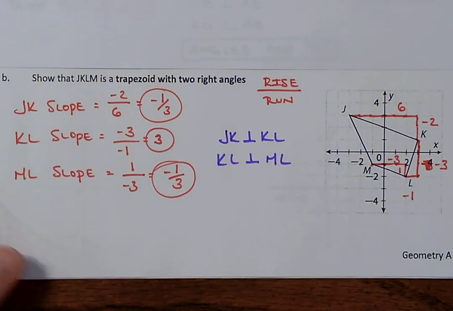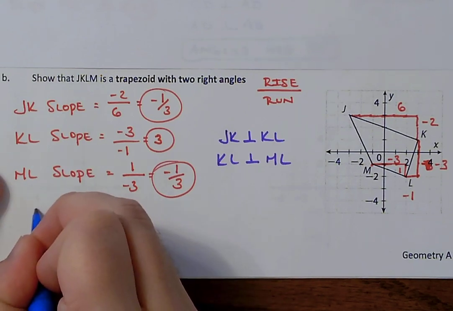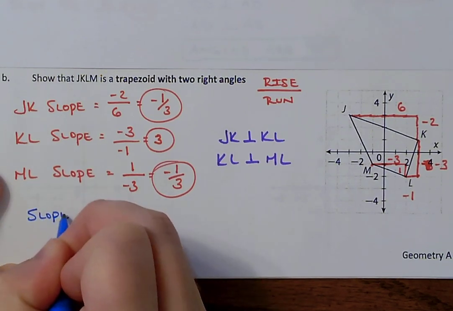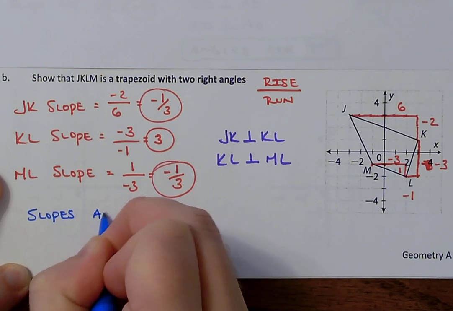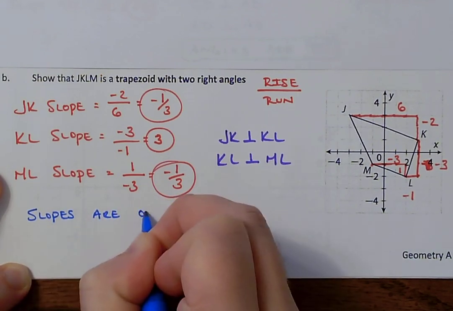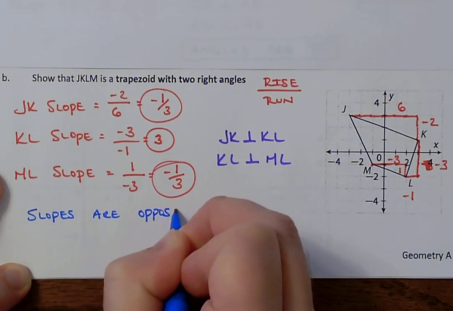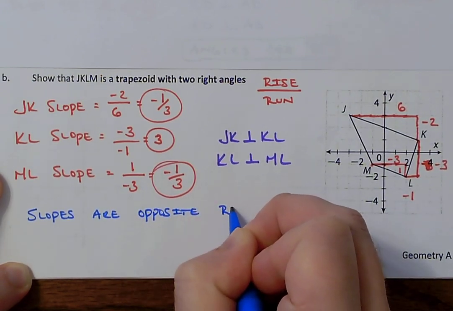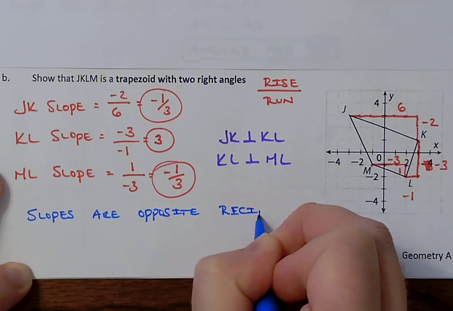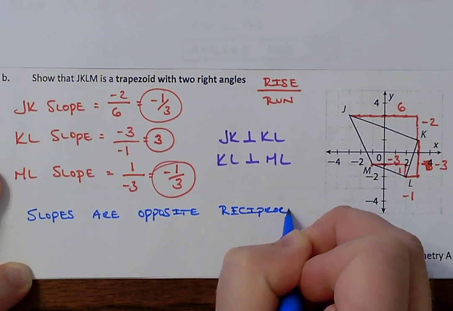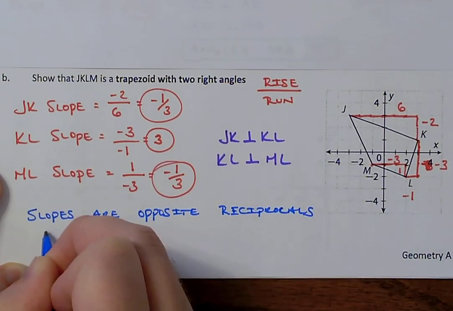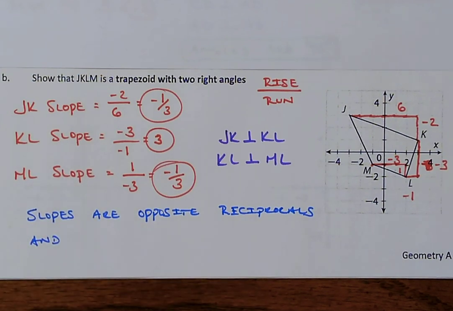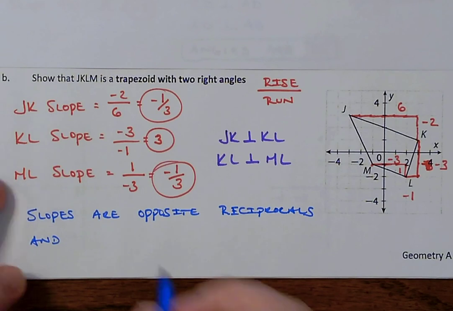We know that because the slopes are opposite reciprocals, and because the product of the slopes is negative 1.